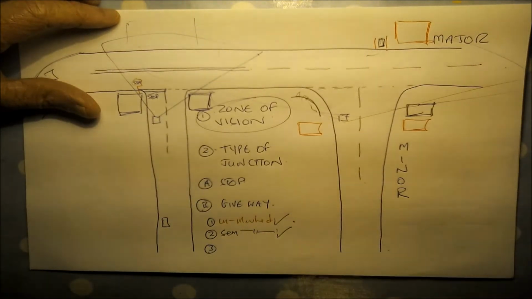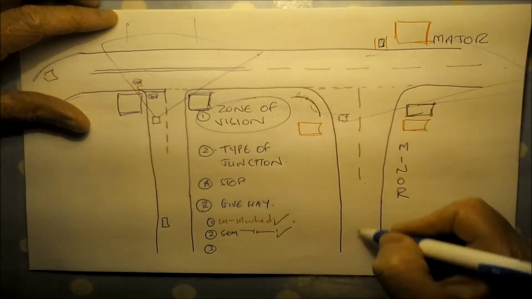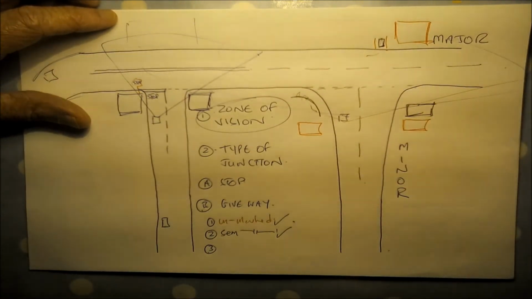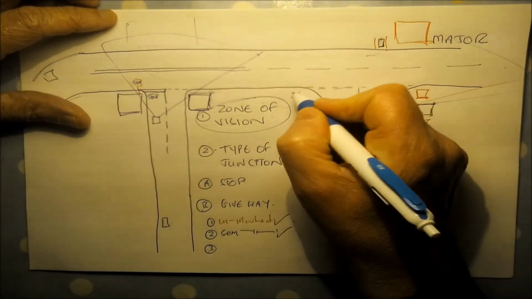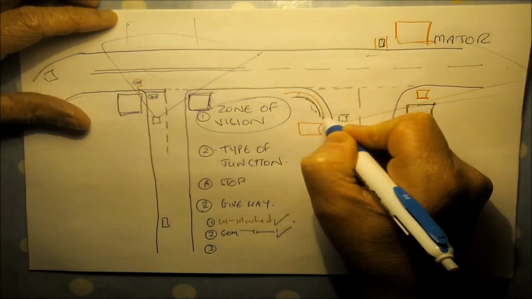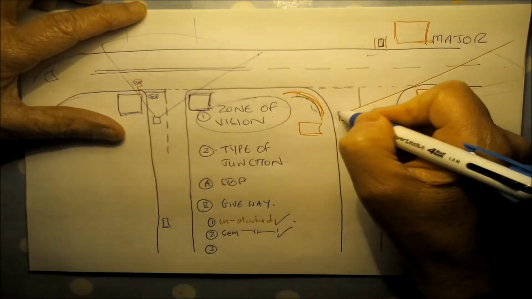Okay, the next level up is where this road may be a bit busier still, this road may be a bit busier still, we might have something else blocking the view, maybe a telephone box there, or maybe that wall's a bit higher, or it's a bit nearer the road. So the zone of vision again is reduced further.